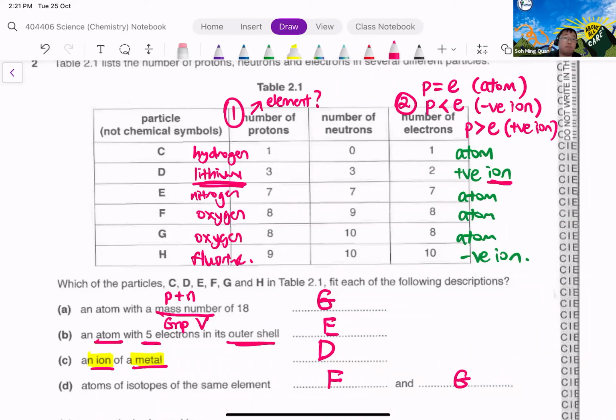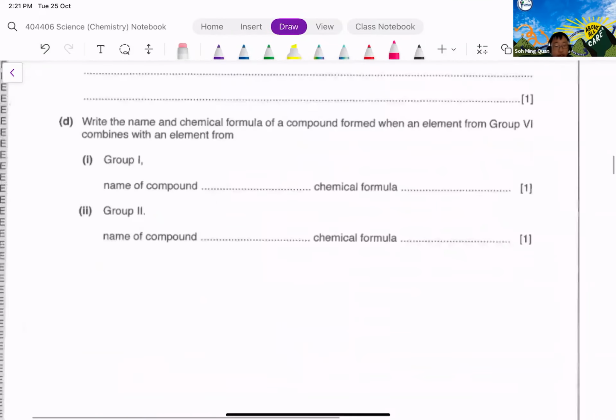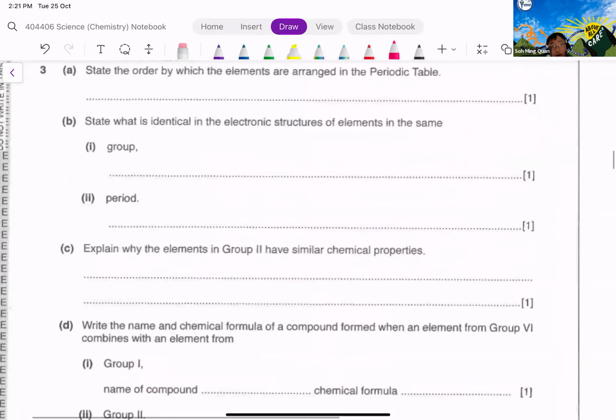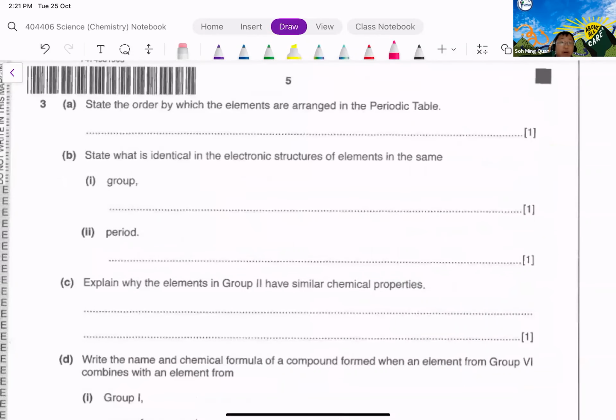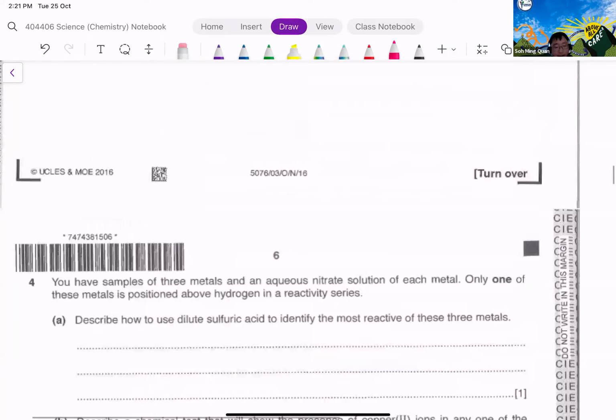The reason why we are skipping is so that we can spend more time on the questions that I think are a bit more challenging. Okay, so I shall go to question 4 now. Question 3, by the way, is on periodic table. So if you have forgotten periodic table, again, go back to the summary that I've given you. You can also rewatch the video lesson that we did that day. All right, but let's go to question 4 now.